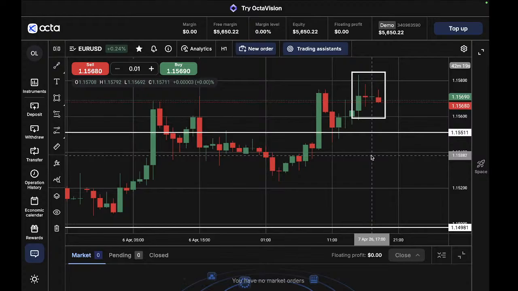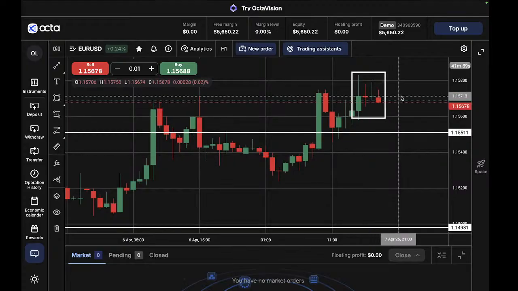What type of candlestick is this? Okay, so they've been moving sideways. What type of candlestick is this? I'm seeing doji. I'm seeing inverted hammer. So who can tell me?